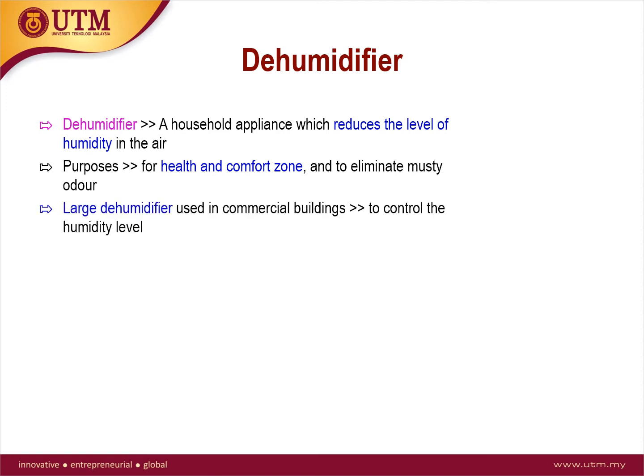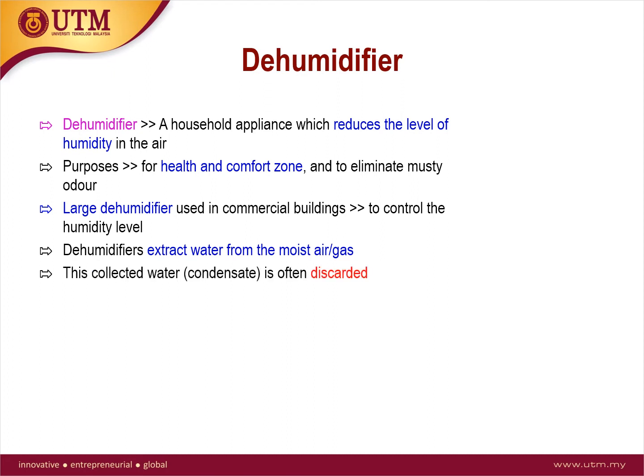Large dehumidifiers are used in commercial buildings in order to control the humidity level. Dehumidifiers extract water from the moist air or gas. This collected water, called the condensate, is often discarded. This dehumidifier involves only material balance since no heat is considered throughout the process.